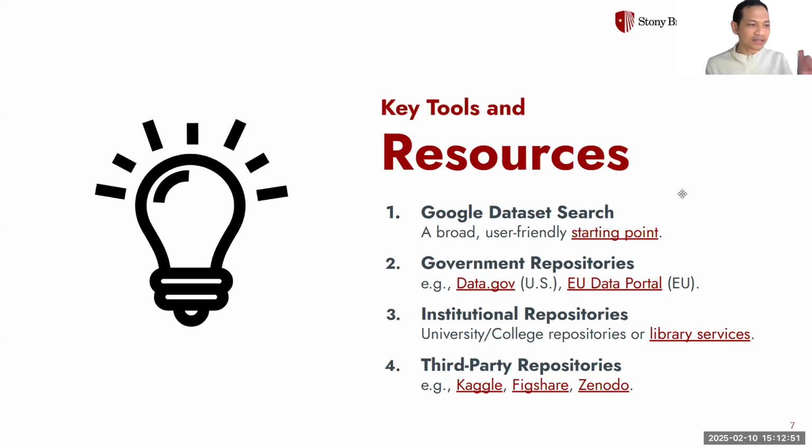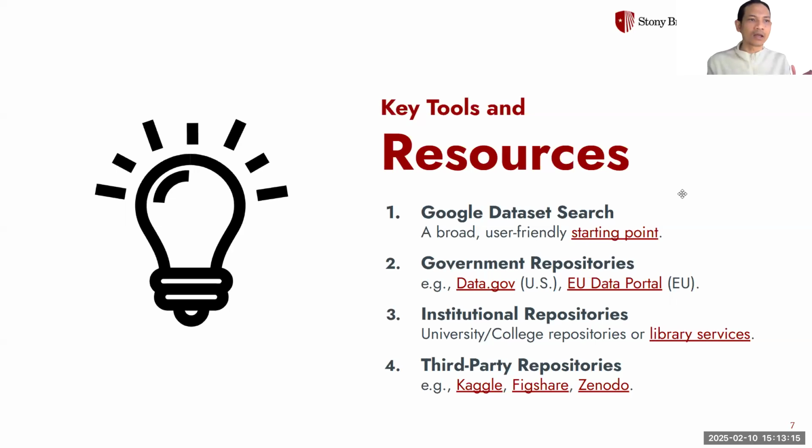So let's move on to the second one, government repositories. For instance, in the US, we have data.gov. And in Europe, the European Union also has the EU data portal. These official government sites often contain a wealth of data on everything from demographics to economic indicators.